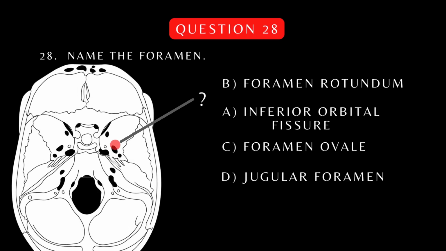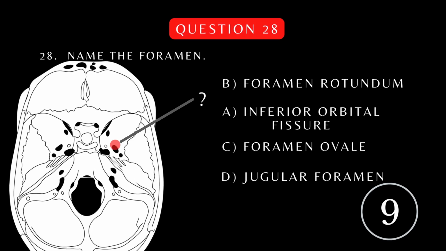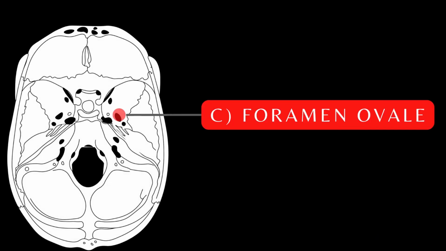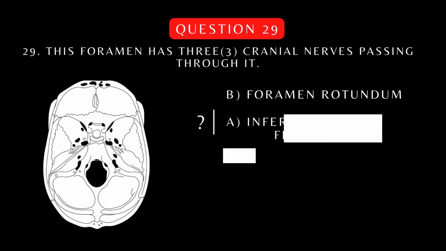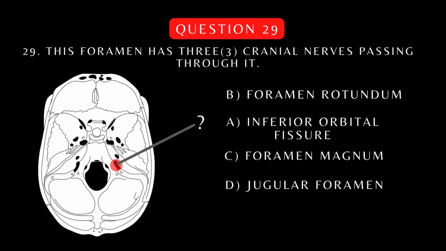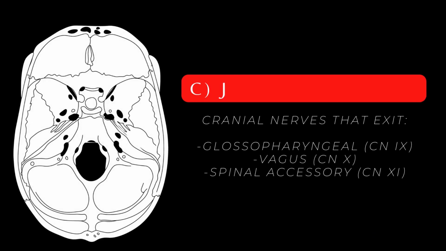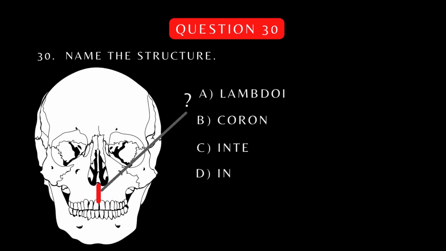Name the foramen. This foramen has 3 cranial nerves passing through it. Name the structure.